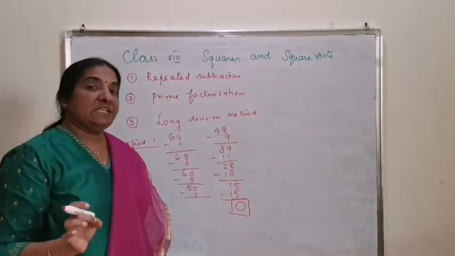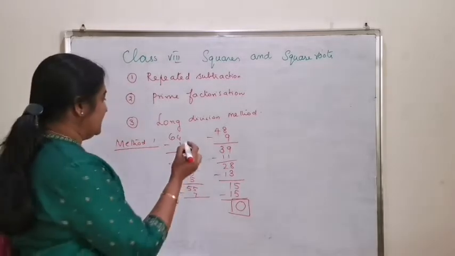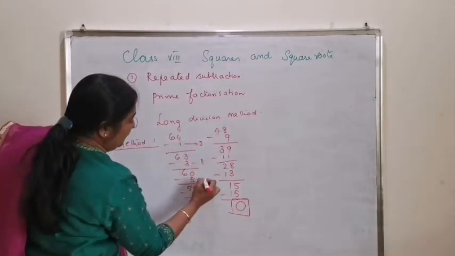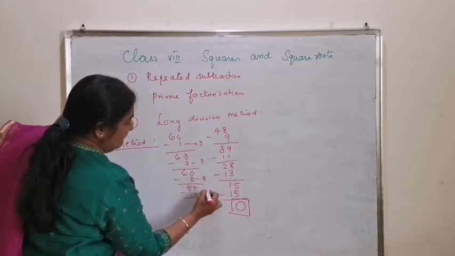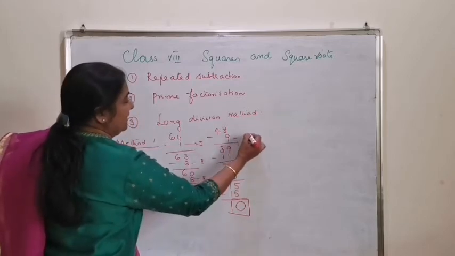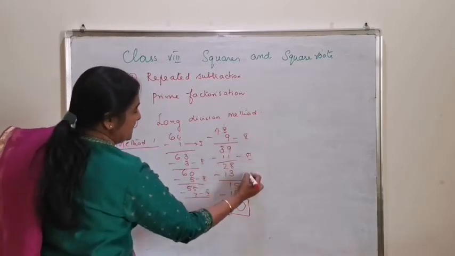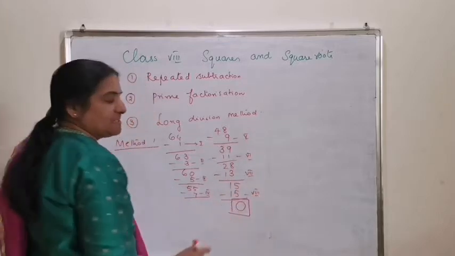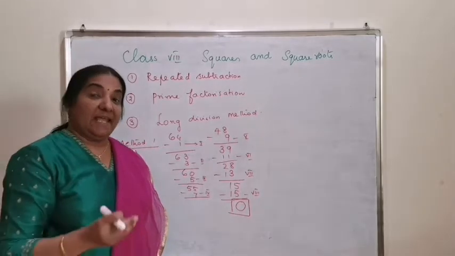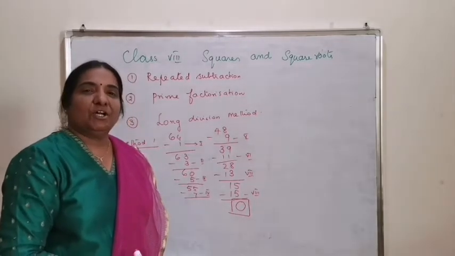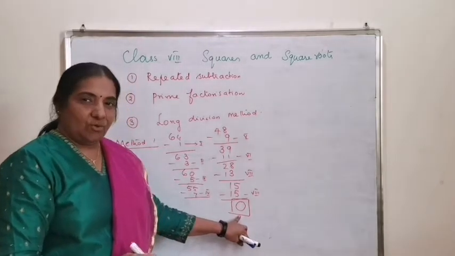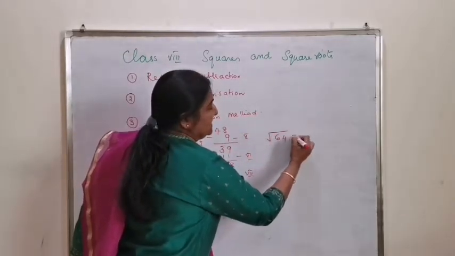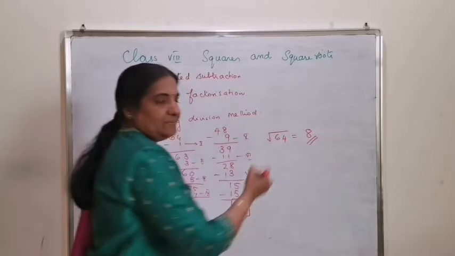Thus, how many times have you subtracted? Step 1, step 2, step 3, step 4, step 5, 6, 7 and 8 steps. By subtracting 8 times, you got the answer 0, so the square root of 64 is equal to 8.